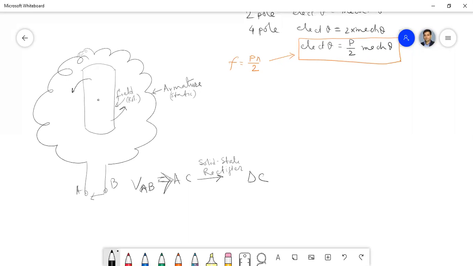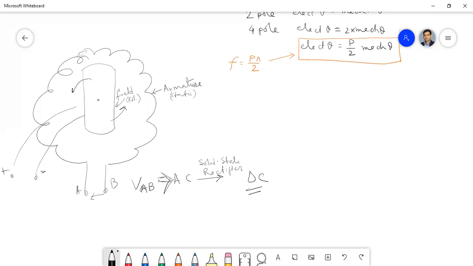Then also you can arrange some DC voltage out of it. But if the field is a permanent magnet, then it is okay. If the field is not a permanent magnet, if it is an electromagnet, how can I get the electromagnet, because it is rotating? And how can we make an electromagnet? If we have some DC voltage, like a battery, and we give the supply to this, then it will be an electromagnet, isn't it?